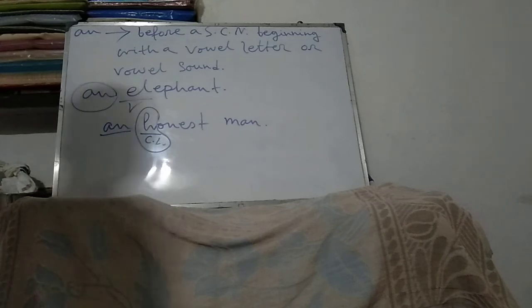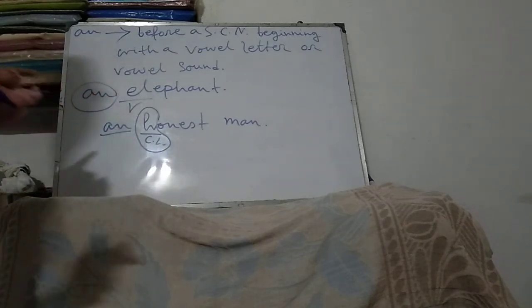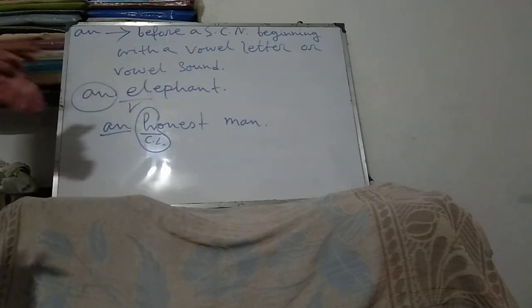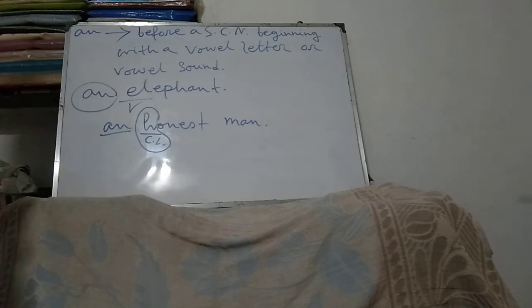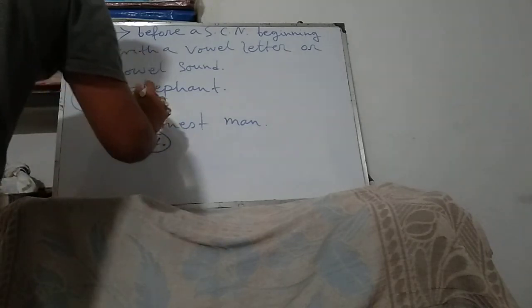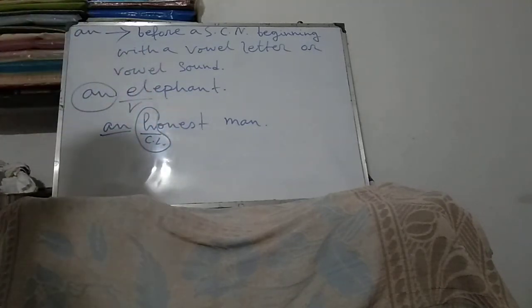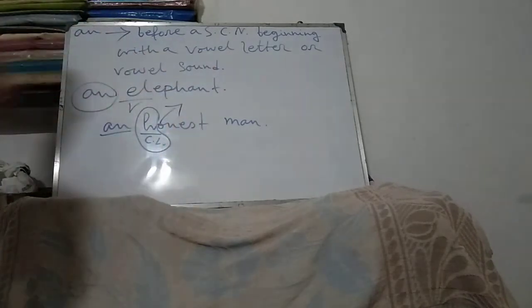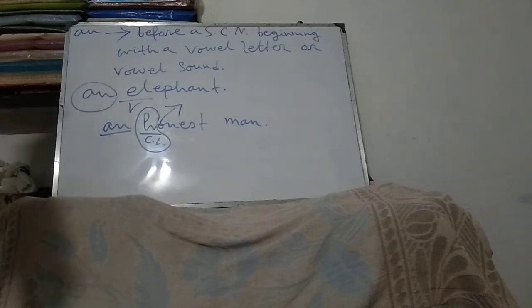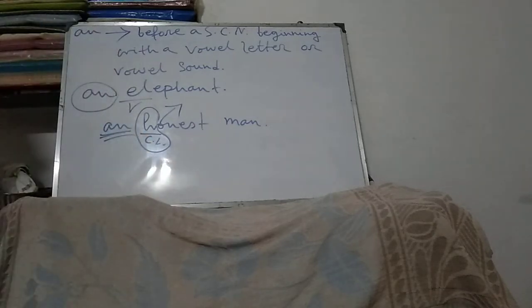The sound of this letter is silent, muted. That means the H sound, ho, is not pronounced. That's why the next vowel sound is coming, and that's why an is used here. An honest man.